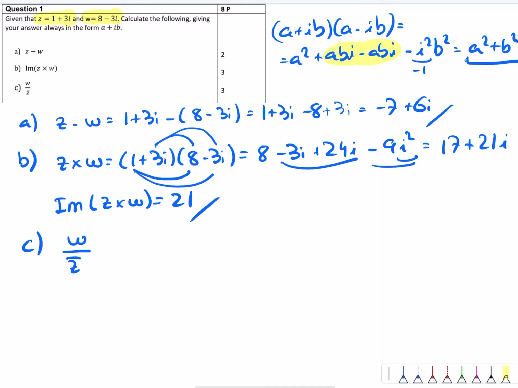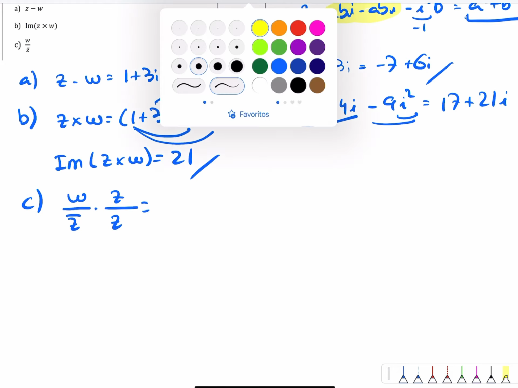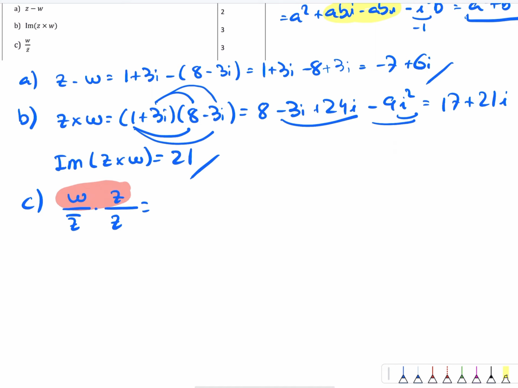This part will cancel with that part, and therefore the product of a complex number times its conjugate does not have an imaginary part. This is why, for getting rid of the imaginary part in the denominator here, what we need to do is multiply and divide by the conjugate of z. You can see that the top of this question is the operation we just did in the question before, which means that the numerator will have 17 plus 21i right away.